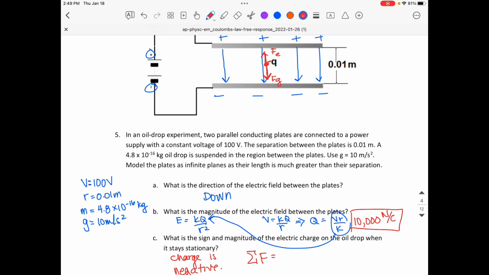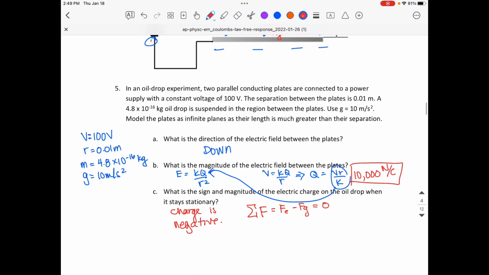In this case, the electric force is moving the drop upward, which I'm going to define as the positive direction. So my sum of the forces is the electric force minus the gravitational force. That should be balanced, so equal to 0. Therefore, KQq over r squared is equal to mass times gravity.